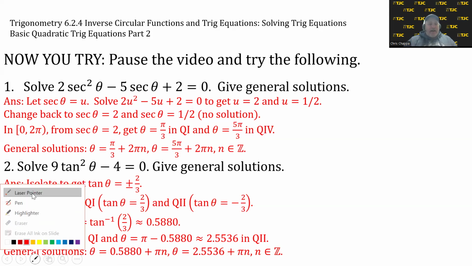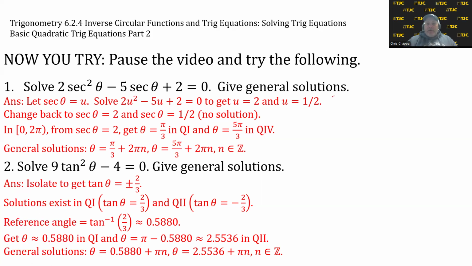If you didn't try factoring it, I would recommend FOILing these to check. It gives you solutions of u equals 2 and u equals 1 half.